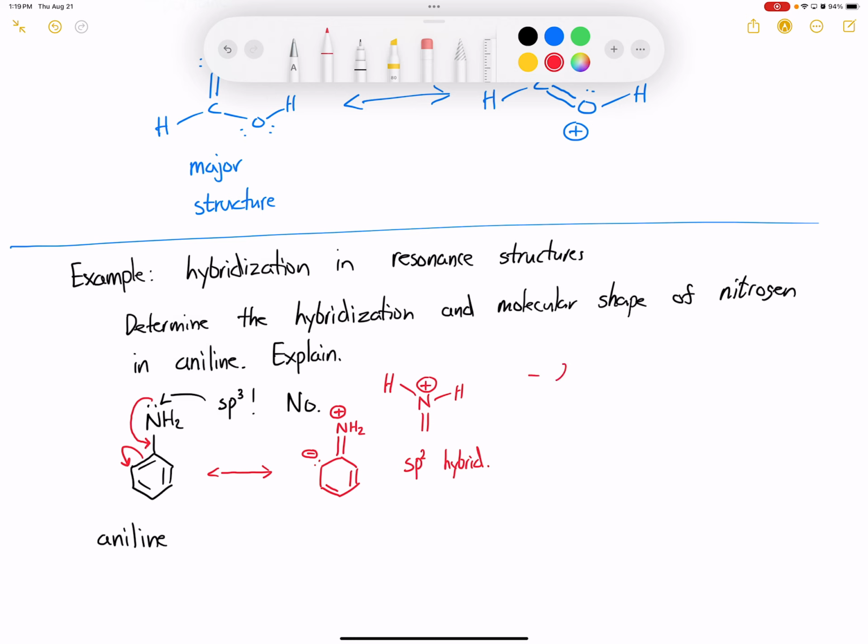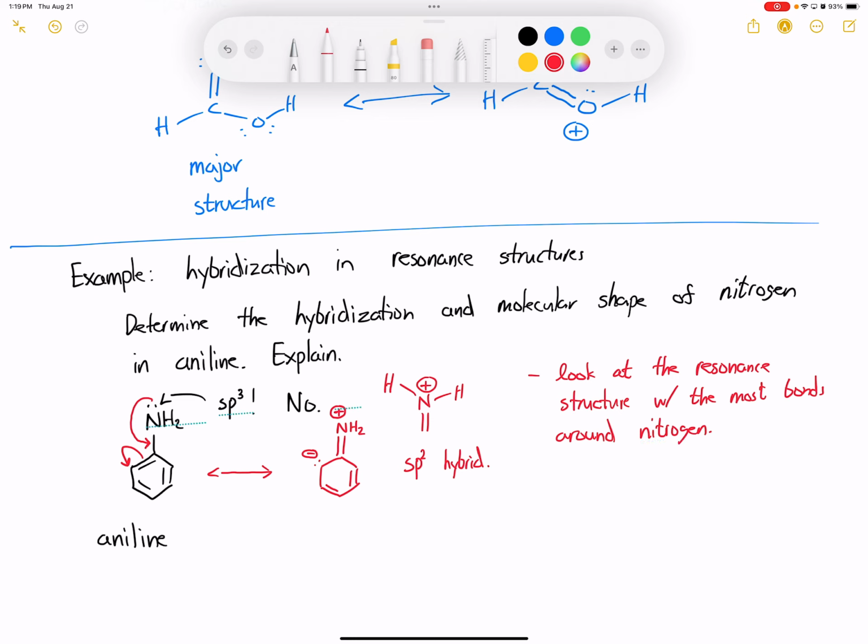So you want to look at the resonance structure with the most bonds around nitrogen. Okay?